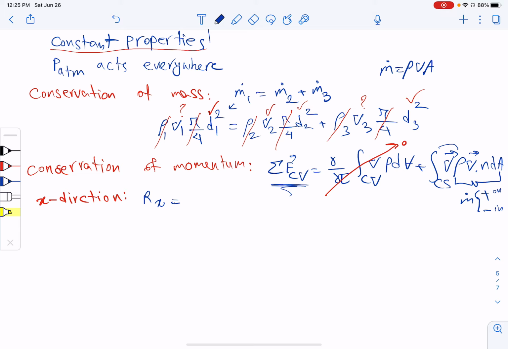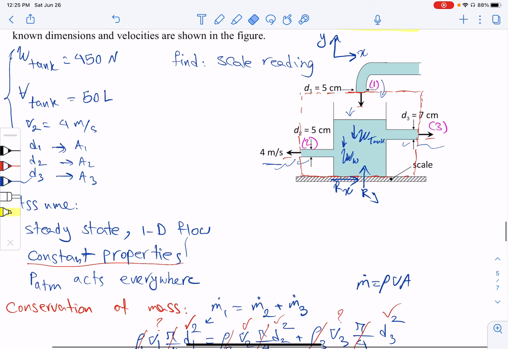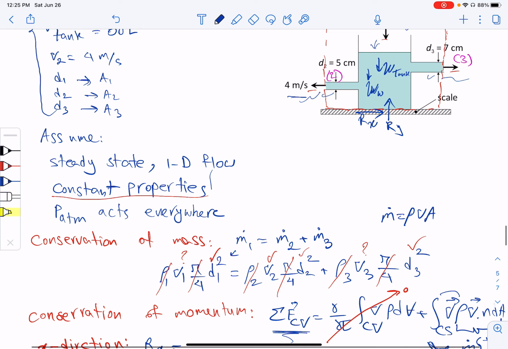Now let's write down the V, rho V and dA for all of the sections. For section 1, we don't have it in the x direction, so there is no need to write it down. So we have V2 and V3 in the x direction.